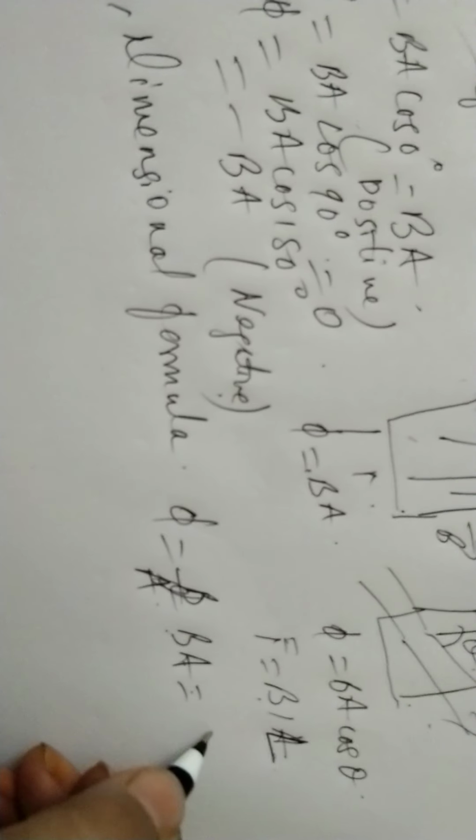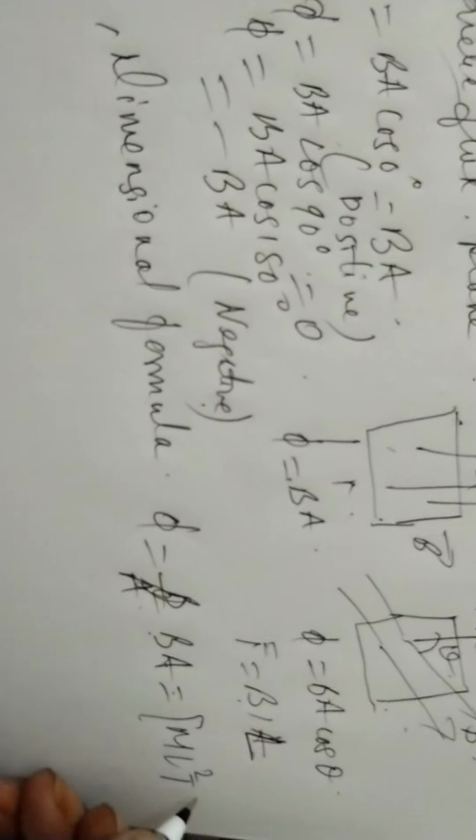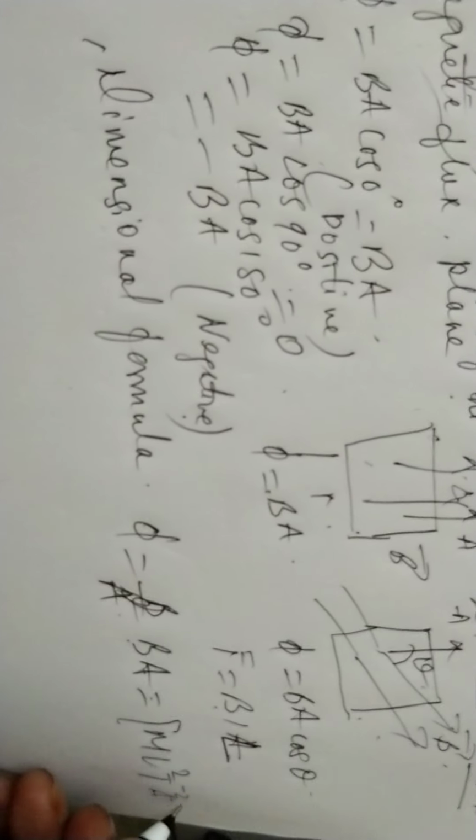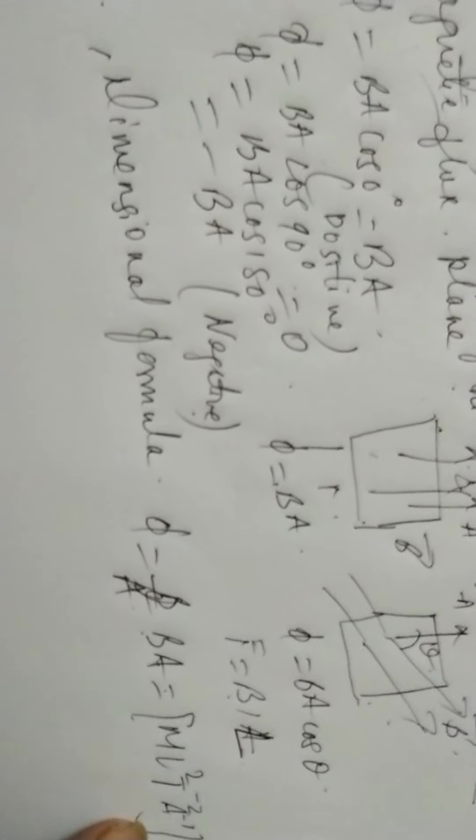So we can take this value and substitute here and get the dimensional formula as ML square T to the power minus 2 A to the power minus 1. So this is what we have got about the flux.